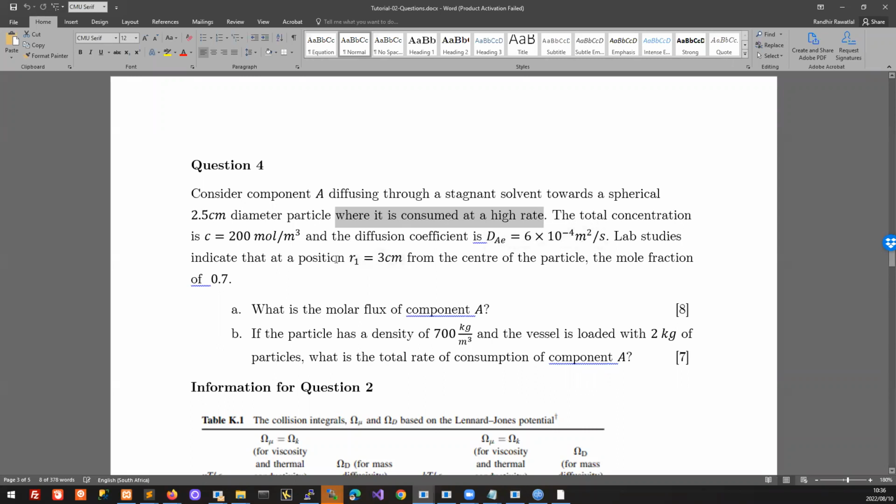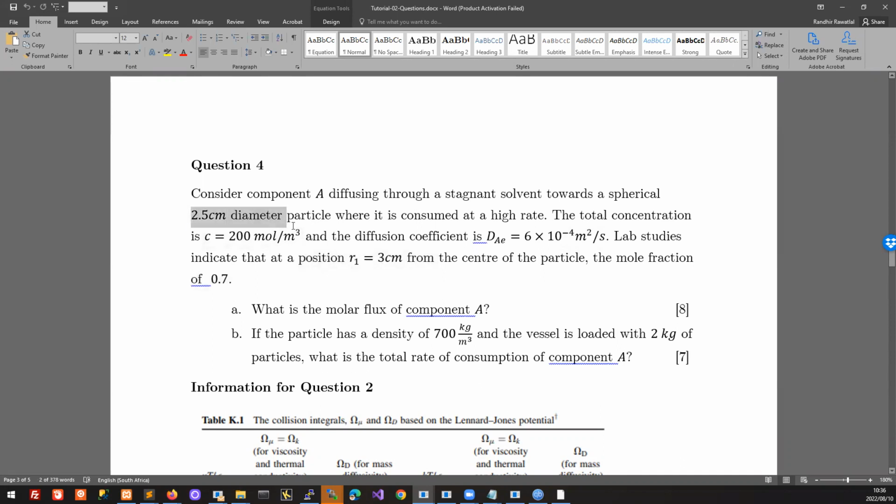And we are told that at this position, 3 centimeters away from the center of the particle, we have the mole fraction of component A. So we are assuming there's some kind of point measurement happening. You can see this point at 3 centimeters is outside of the particle.